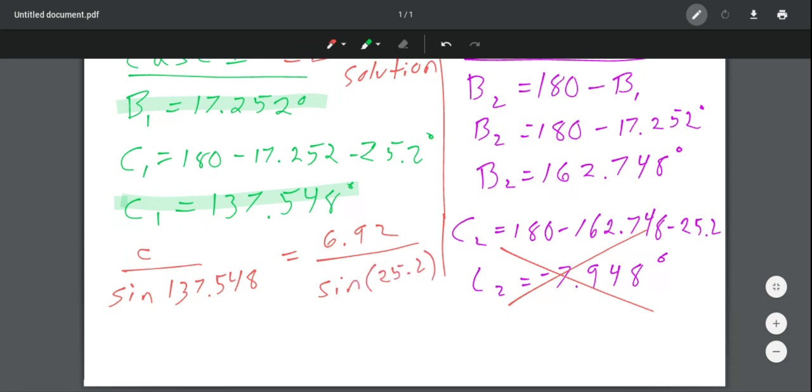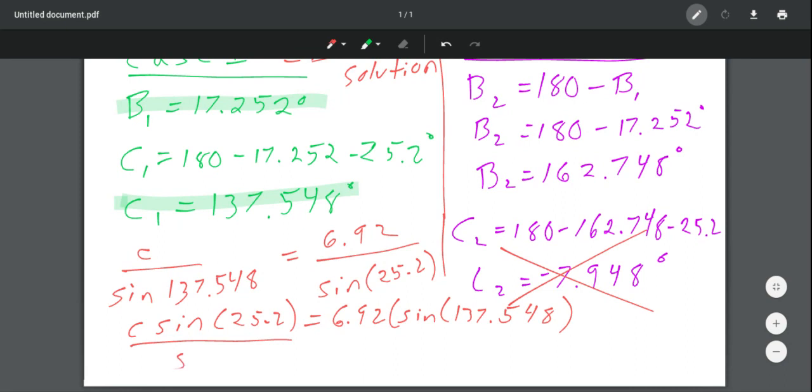So let's solve for little c. I'd cross multiply. I'd get c sine of 25.2 would equal 6.92 times the sine of 137.548. And then we would divide by that sine of 25.2. So let's put that in my calculator.